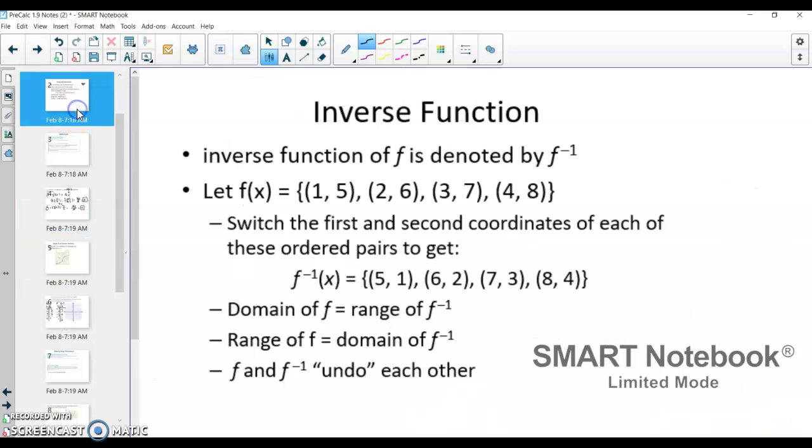Moving on to the next one, we're going to use these notes right here to actually do a graph of an inverse function, or a function and its inverse. And so really what I'm going to show you here is just that we have our x's and our y's of our original function, and that those have been flipped when you have the inverse.